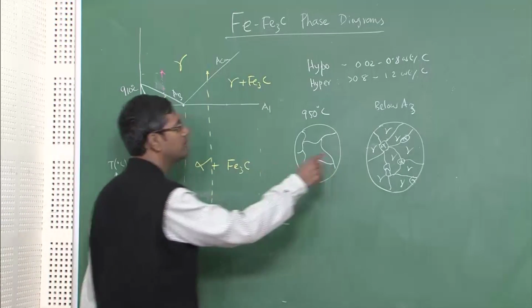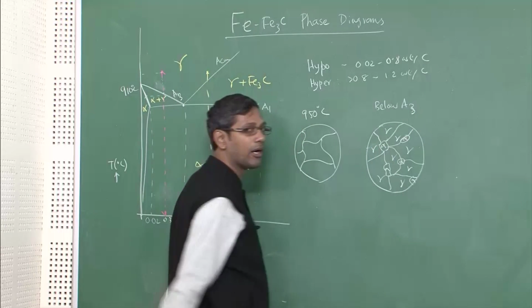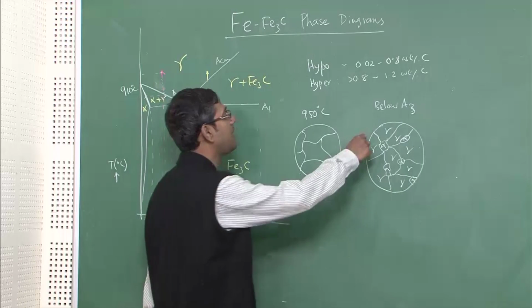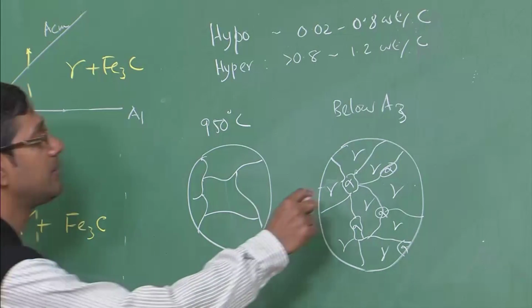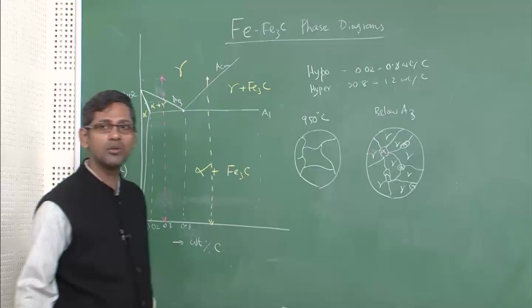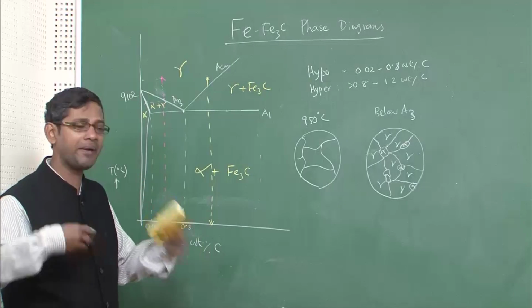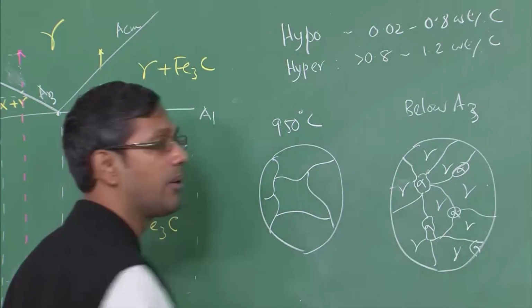As alpha grows, the carbon goes out from alpha and enriches the gamma grains. Is it clear? The carbon from alpha will enrich the gamma grains, because alpha does not require carbon, so the carbon goes away from the alpha grains and joins the gamma grains.